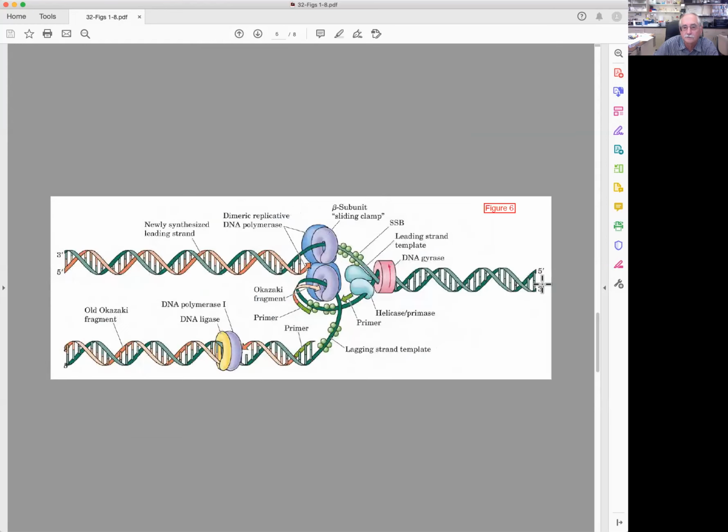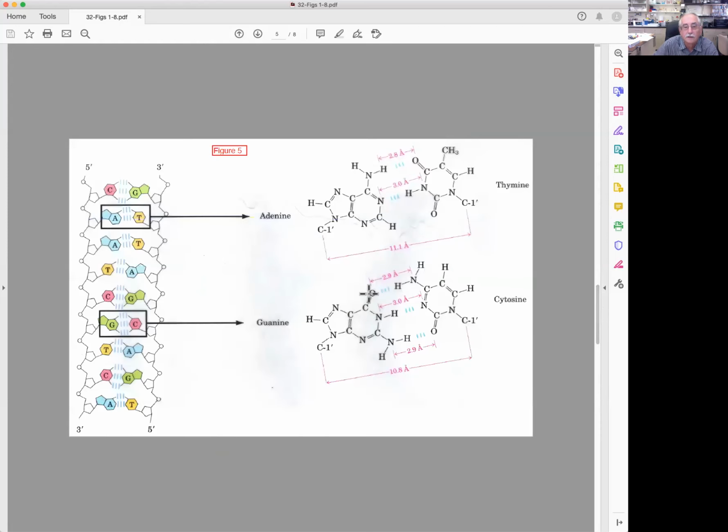Now, why isn't this moving? Here we go. It's moving. So here is another way to look at that. Here's an A and a T, right? So notice that there's two hydrogen bonds over here, shown in those little blue hash marks.